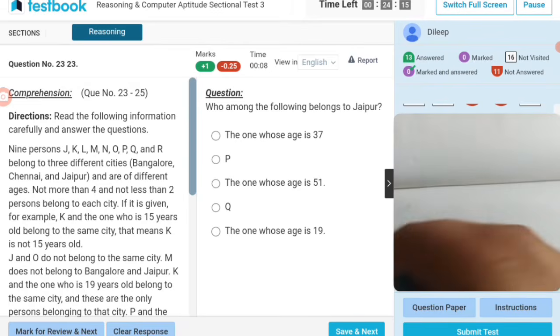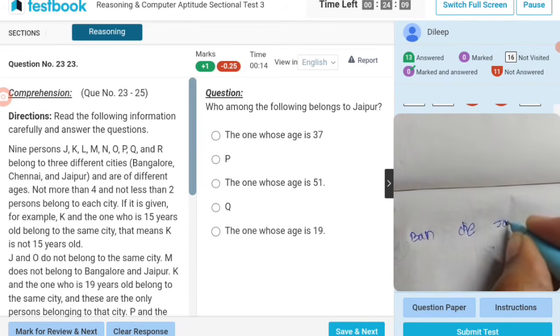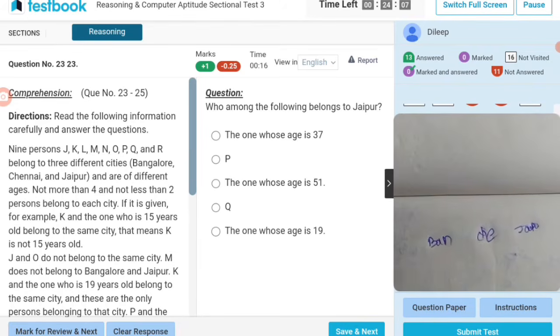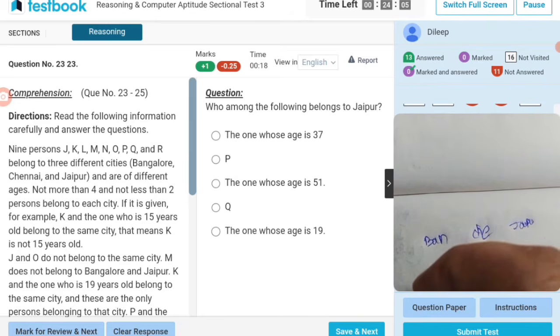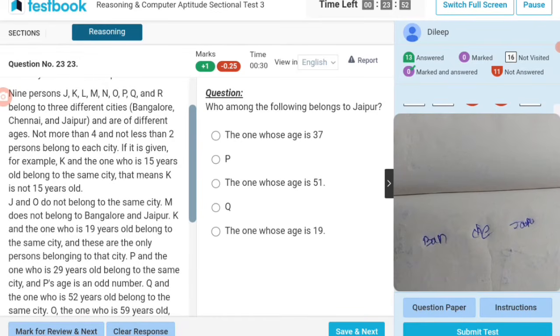So 9 persons, different cities: Bangalore, Chennai and Jaipur. Not more than 4, not less than 2. J and O do not belong to the same city. M does not belong to Bangalore and Jaipur.